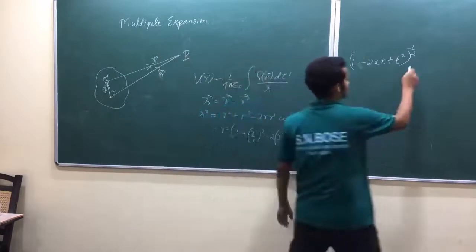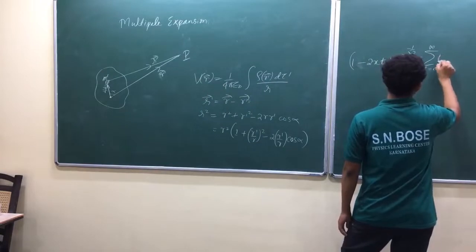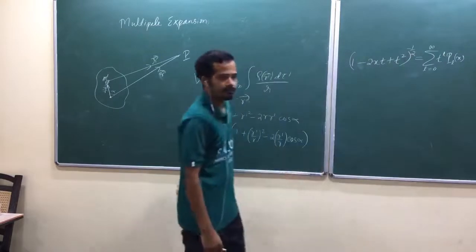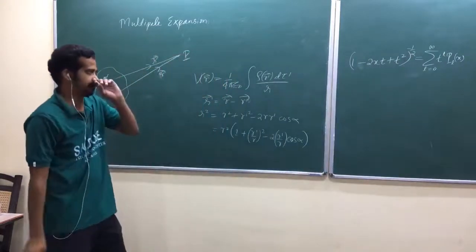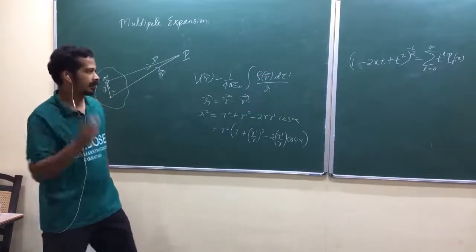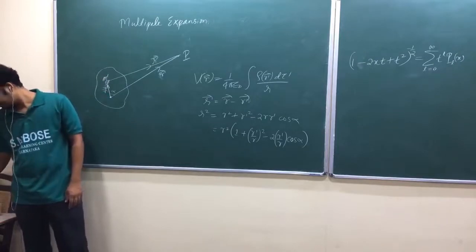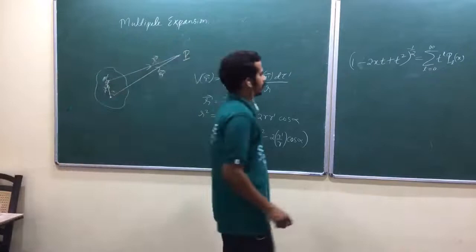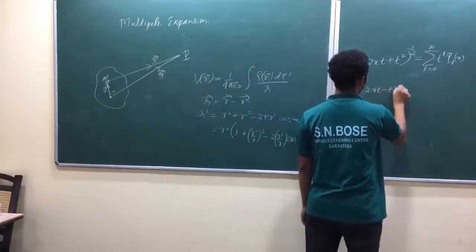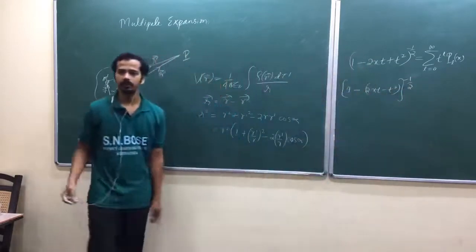This can be written as the summation over L equal to 0 to infinity of t power L into P L of x. How do you prove that? I think you have to write it as 1 minus 2xt plus t square raised to the power minus half, and then expand it as a binomial expansion.